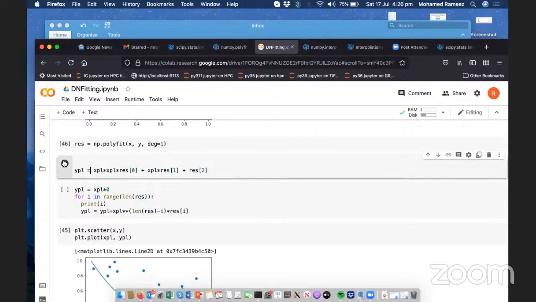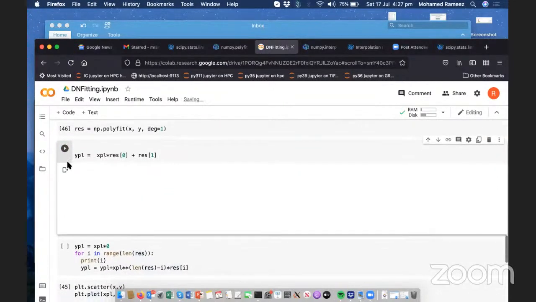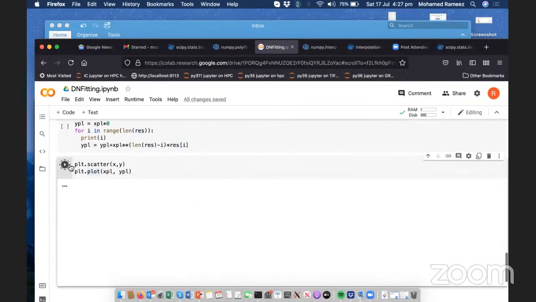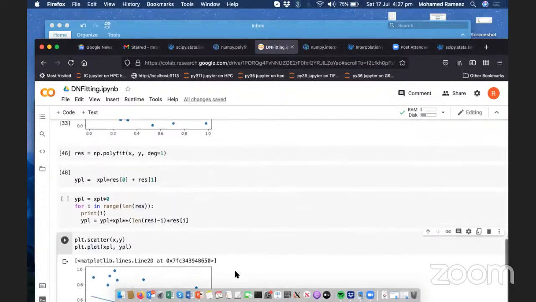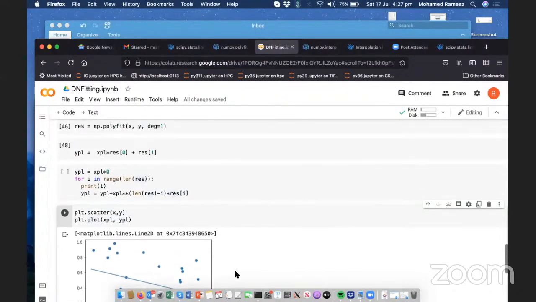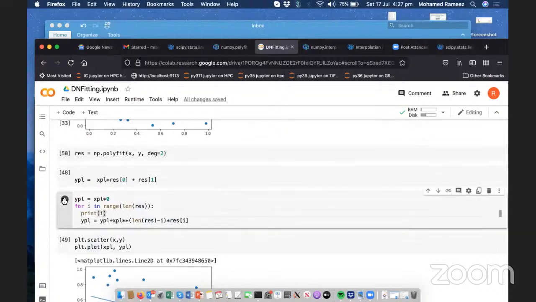So now I'm fitting a 1 degree polynomial, which this will fail, of course. So what I should do is res of 0 plus res of 1. And if I see how that works, yeah, this is what a 1 degree polynomial, which is a line fitted to the same data, looks like. If I want to fit a 2 degree polynomial, let me try using this.